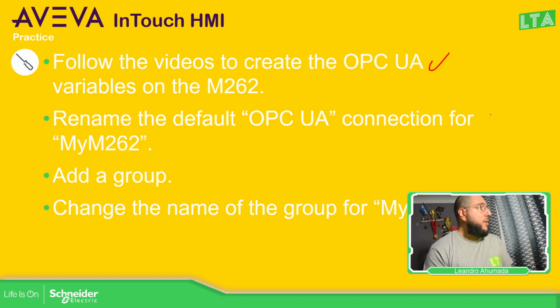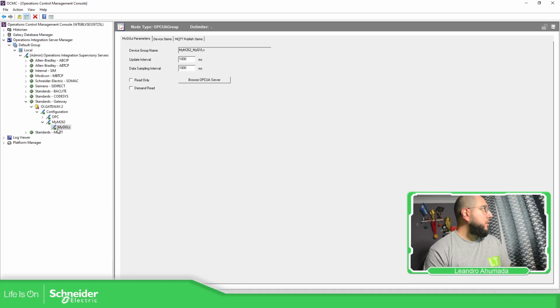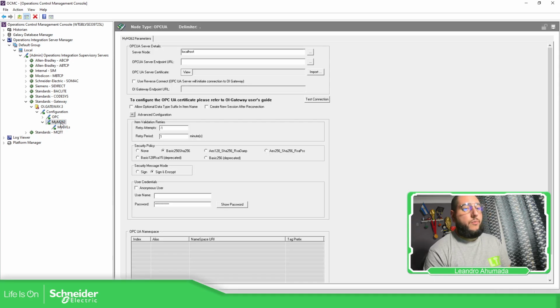Then rename the default OPC UA or create a new one. Add a group, it's already done, and change the group for my GVLs. Once you finish, this is what it looks like. Then we just need to configure this.